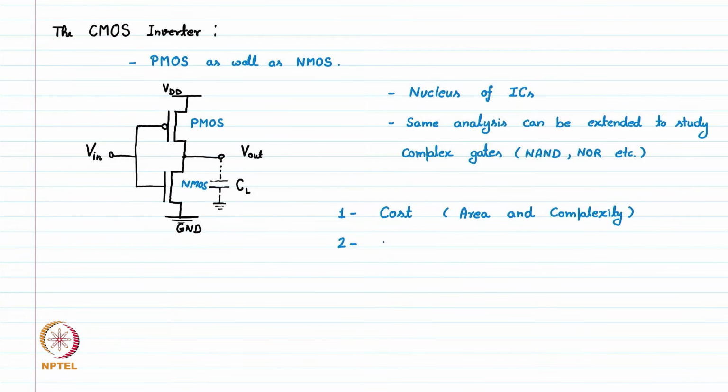The second is the robustness. This is measured in terms of static or steady state behavior.